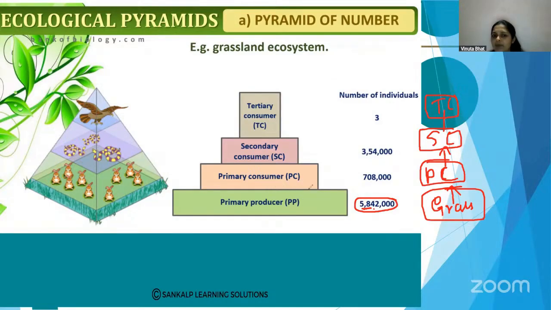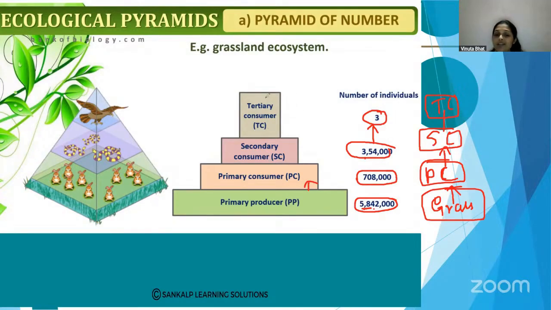But see the primary consumers, they are not the same as the primary producers, just less. 7 lakh 8,000 organisms are the primary consumers. Then the secondary consumers are 3 lakh 54,000. Then only 3 are the tertiary consumers. So you can see the producers are more and the number is decreasing.